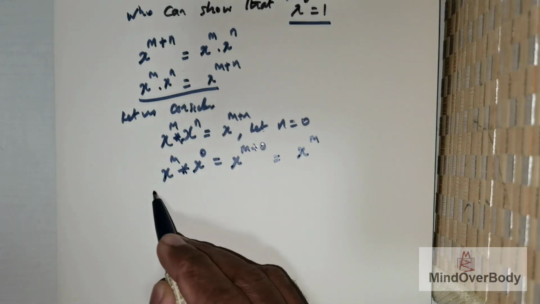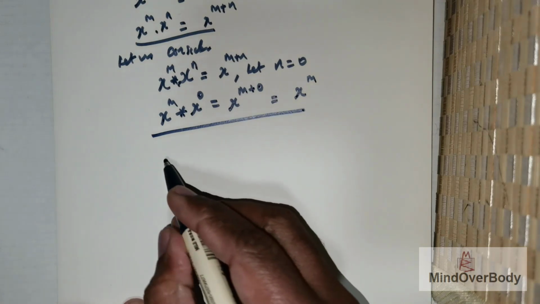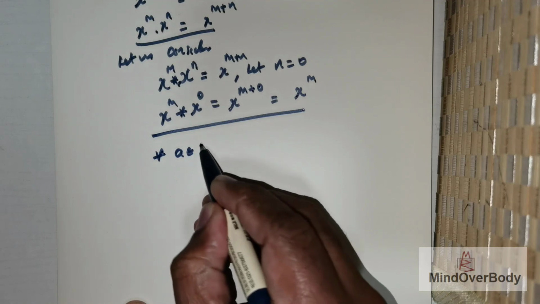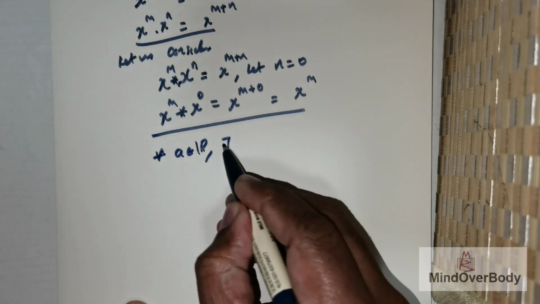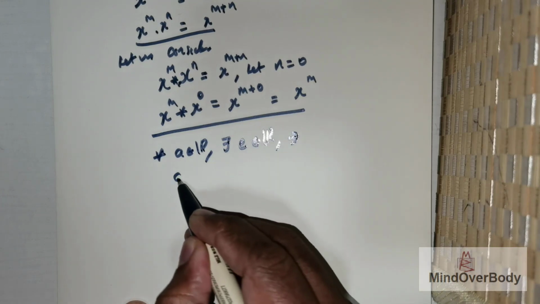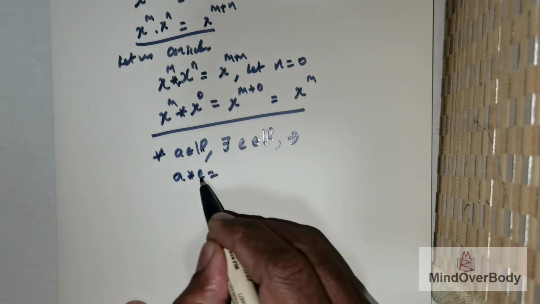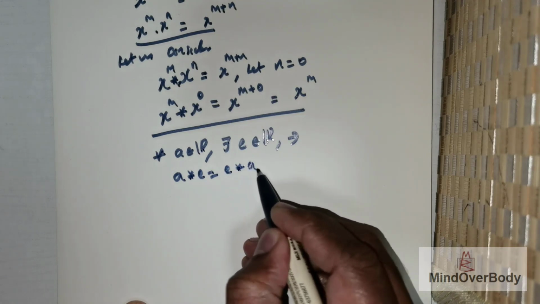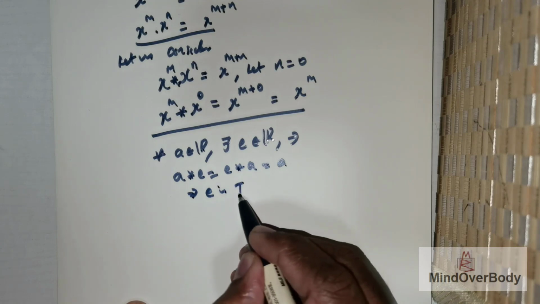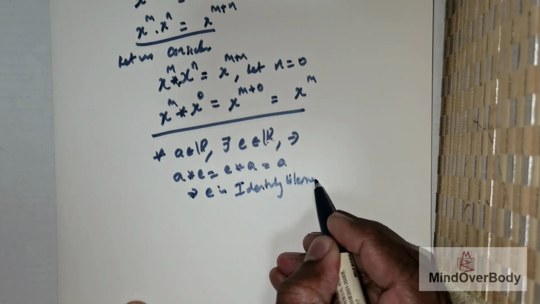Now this is where things get interesting. There is an axiom in group theory. For every element a of the real numbers, there exists an element e of the real numbers such that if a star e is equal to e star a is equal to a, then e is called the identity element, right?